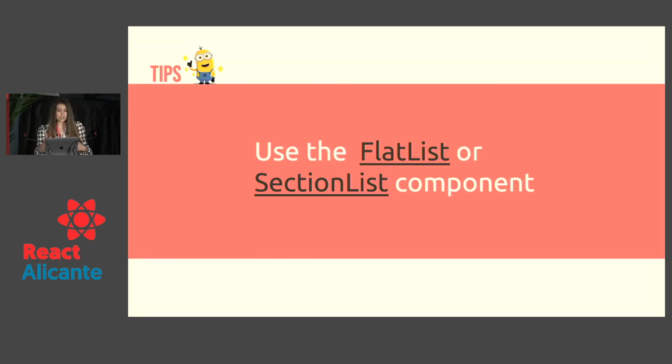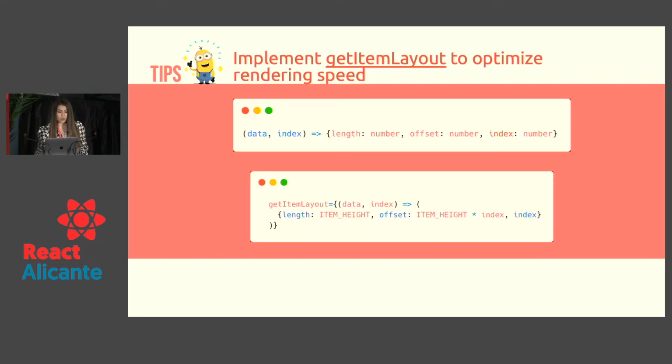First, if you're using ListView, initial rendering may be slow or scroll performance bad, so it's better to use the FlatList or SectionList components. They have better performance. And also, if your FlatList is rendering slowly, you can implement getItemLayout to optimize your rendering speed. Adding getItemLayout can be a great performance boost for several hundred items in your list.